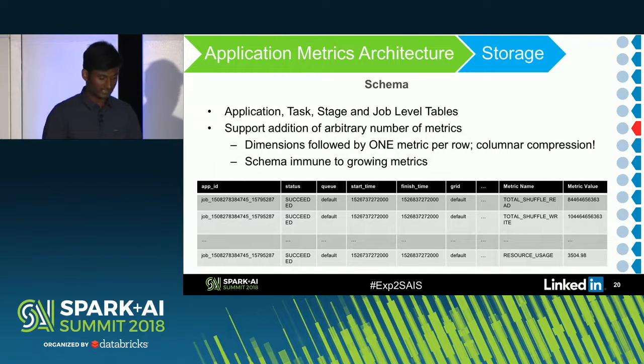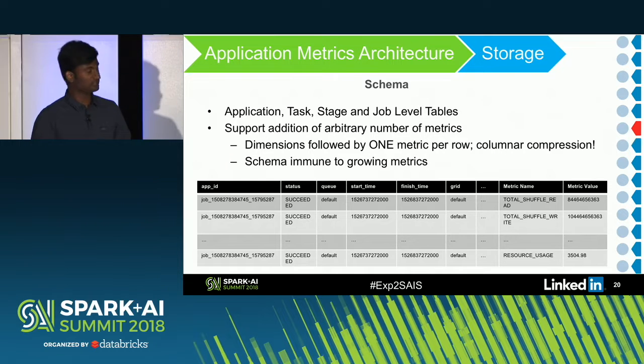One challenge here is that because we have an arbitrary number of metrics and these metrics keep evolving, we cannot keep adding metrics as new columns because that will lead to the table exploding. So the schema we resolved to is a fixed set of dimensions and then one metric per row, so we duplicate the dimensions with every metric. This way the schema becomes immune to the growing number of metrics, and this is the schema we use for all of the tables.